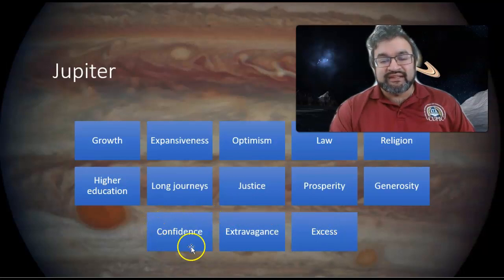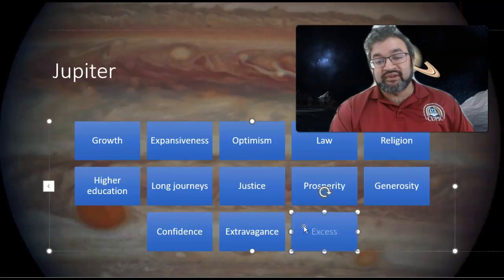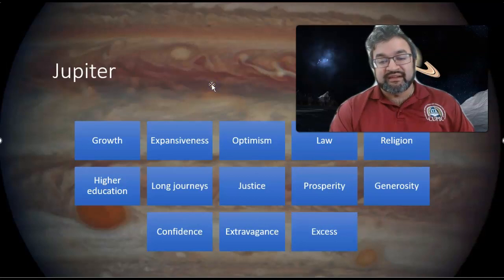So confidence is positive, excess is negative, and a lot of times the excess, it goes around the chart in about 12 years, and a lot of times a person experiences this excess, and then Saturn comes right through there and teaches the person a lesson about growing too quickly and too rapidly. It's kind of a metaphor, an analogy of life.